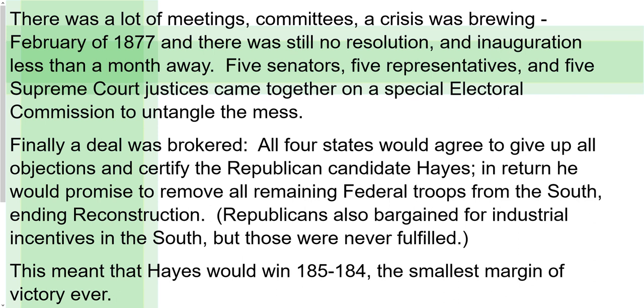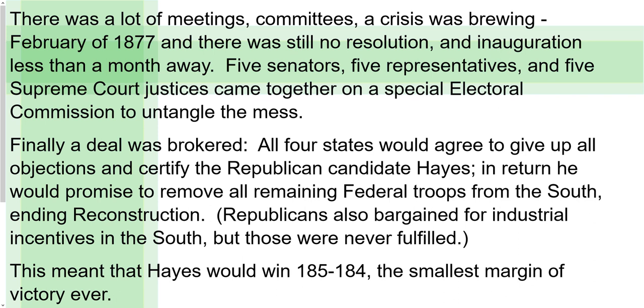And after a lot of discussions, in a series of 8 to 7 votes, a deal is brokered. All four states would give up all objections and certify the Republican candidate Hayes. In return, if Hayes gets into office, he would promise to remove all remaining federal troops from the South and end Reconstruction.